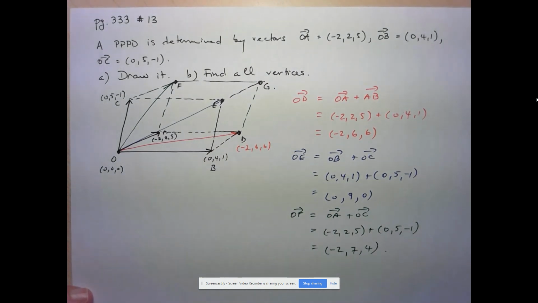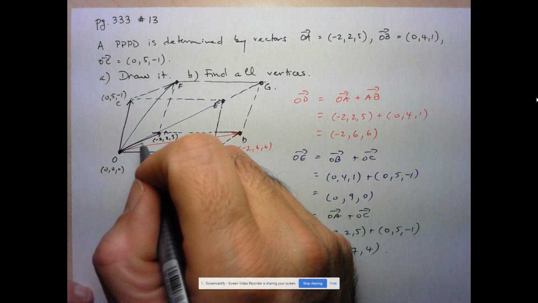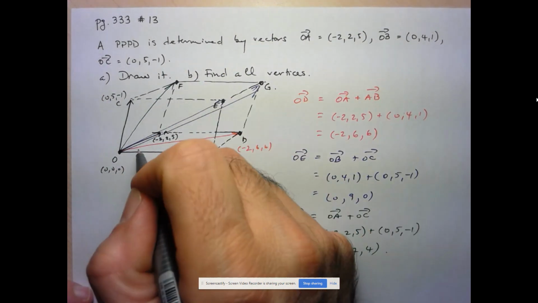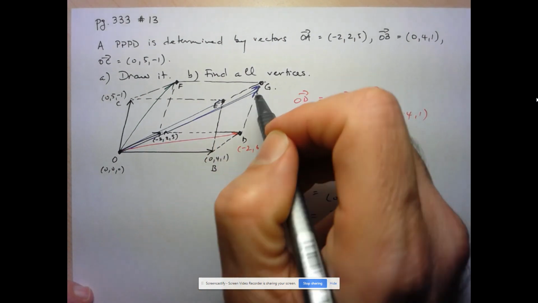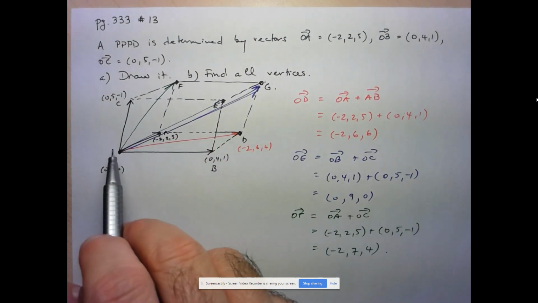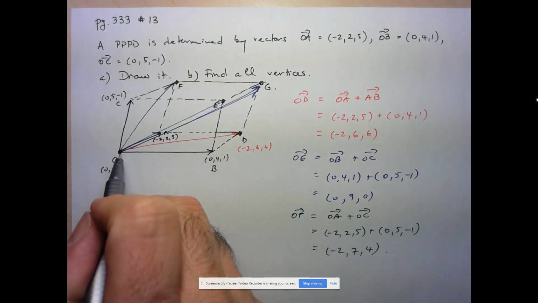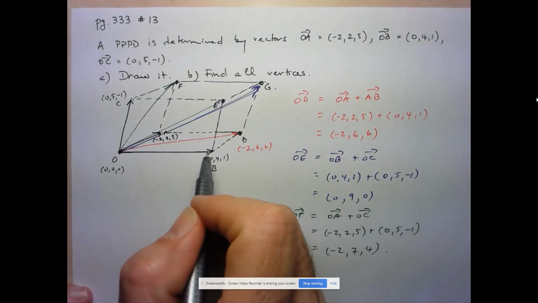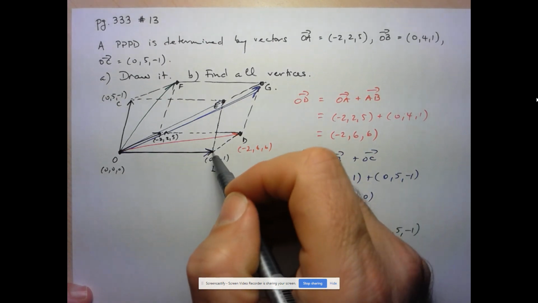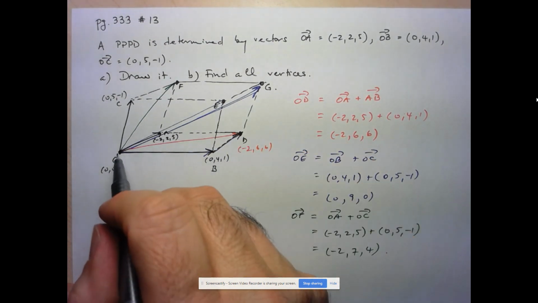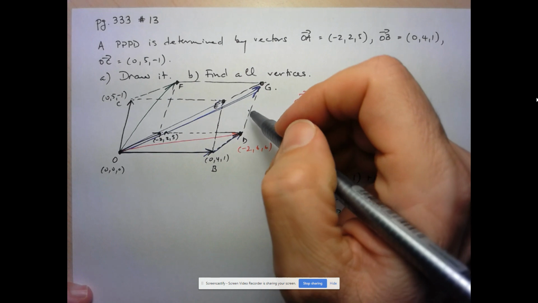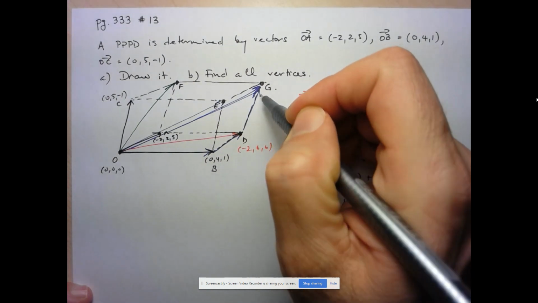Lastly, we've got the vector going to G, which is going through the parallelepiped. Here we can see that it's just going to be the sum of the three vectors, OB plus OA, and then plus OC.